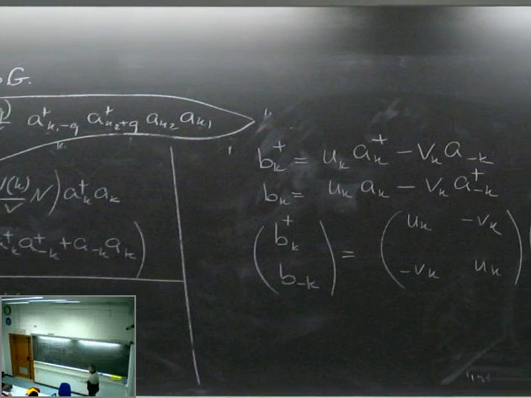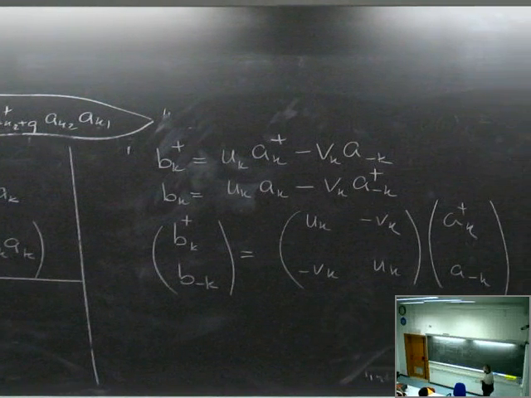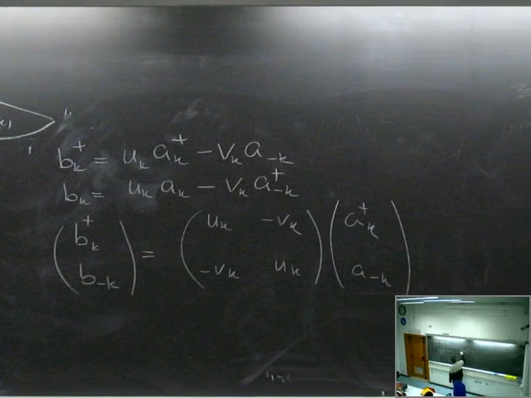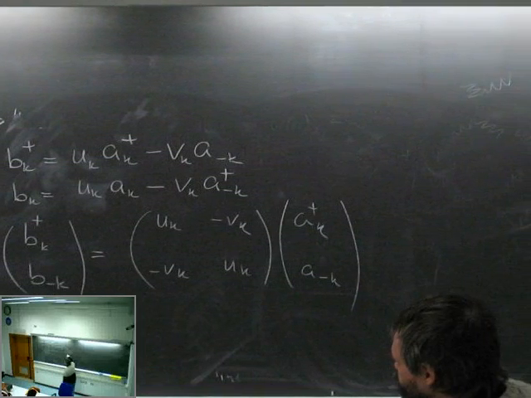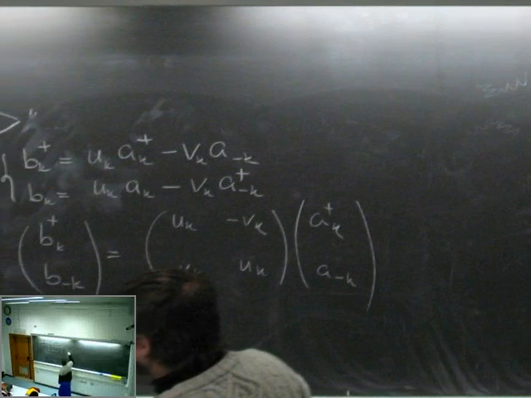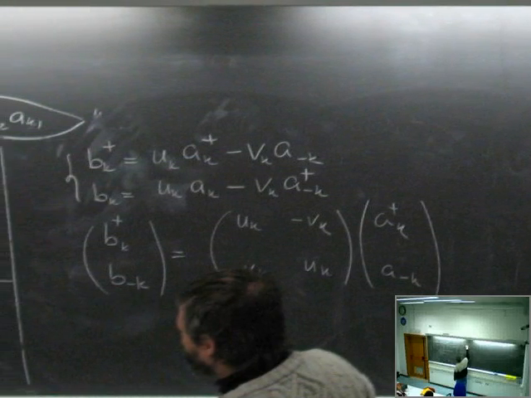Okay? Is that clear? So this transformation from old variables to new variables is known with different names. Sometimes people call it the UV transformation.